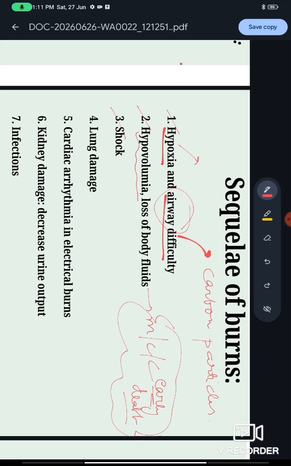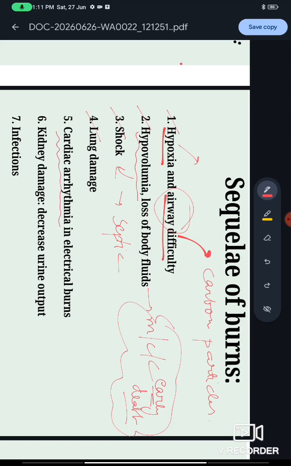Next is shock. Again, hypovolemia can lead to hypovolemic shock. Apart from that, there may be septic shock. Next is lung damage by hypoxia and other changes. Next is cardiac arrhythmia.